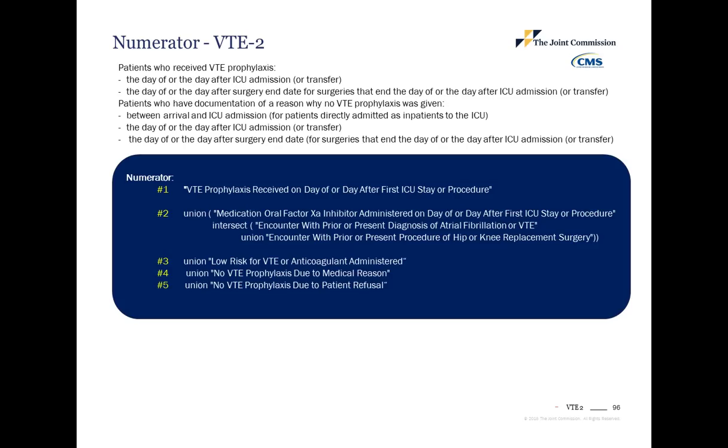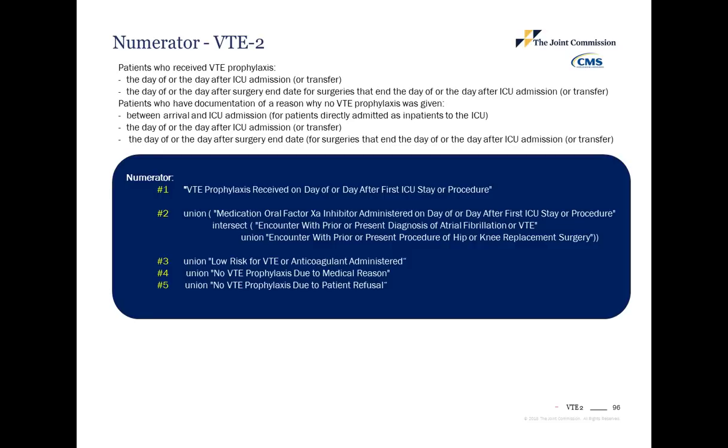Now moving into the VTE-2 numerator, it reads: patients who receive VTE prophylaxis either the day of or day after ICU admission, or the day of or day after surgeries that end the day of or day after ICU admission or transfer.